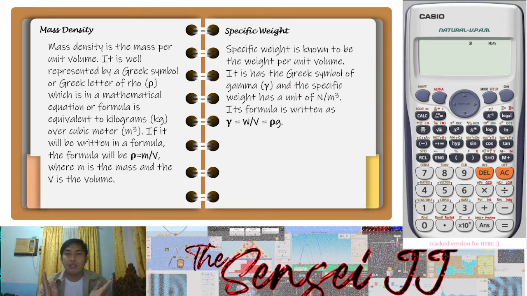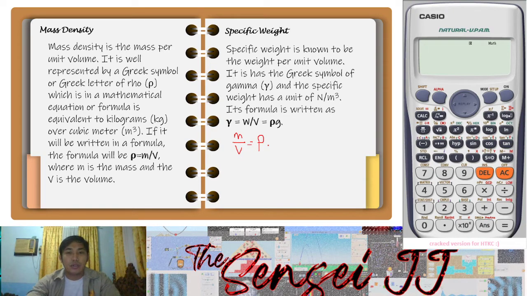Sir, question: how is it possible that weight over volume is equivalent to our mass density multiplied by gravity? Let me show you this one, guys. We have here the mass density as mass per volume, which is our rho.